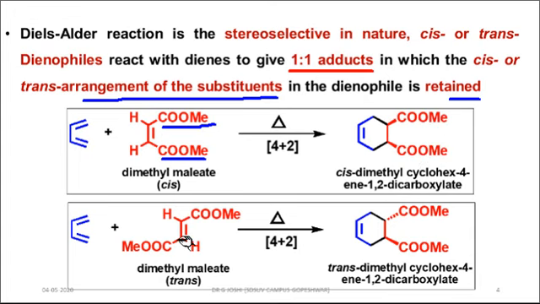Similarly, when we use the dienophile trans dimethyl fumarate with 1,3-butadiene, the product will also retain the stereochemistry of the dienophile, in which both the groups are trans to each other.